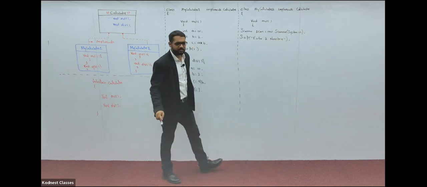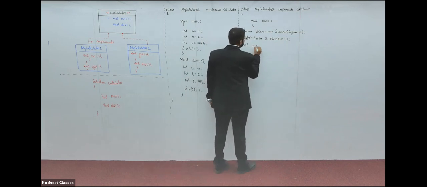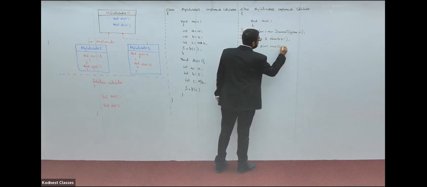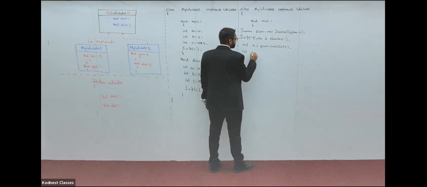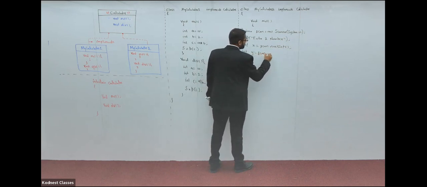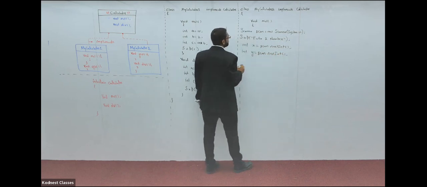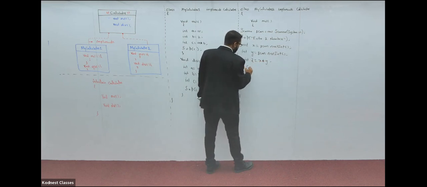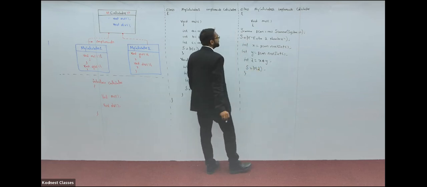By seeing this message, the user will enter the 2 numbers. I will collect it by telling scan.nextInt, and I would store it in a. Not only that, scan.nextInt, and I would store it in b. Here I would tell int z equals x multiplied by y, System.out.println(z), closing the mul method.